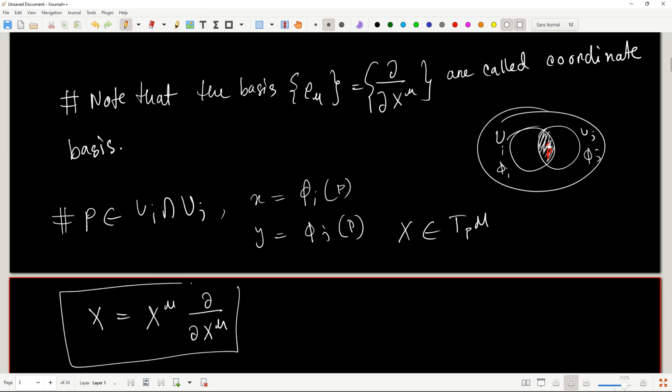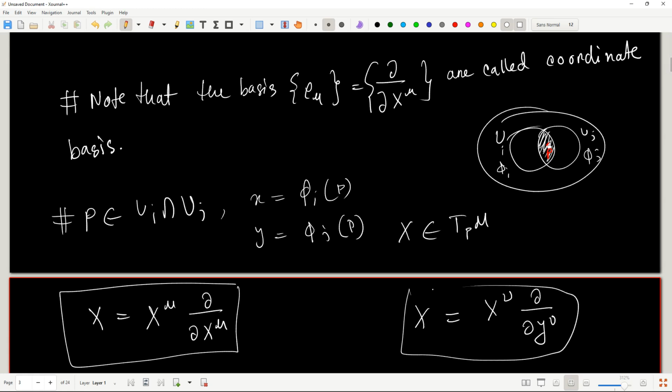But I can also write it as, let's say, X tilde^nu del_y^nu, because this is a common intersecting point and these are my local homeomorphisms that give rise to the coordinates, or that help me to assign the coordinates, right?